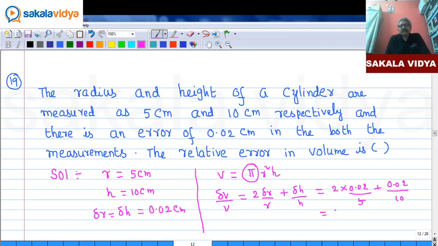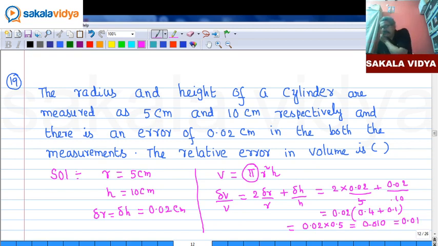So 0.02 common, 2 by 5 is 0.4 plus 1 by 10, 0.1, so 0.02 into 0.5, which is 0.01. 0.01 is the answer.